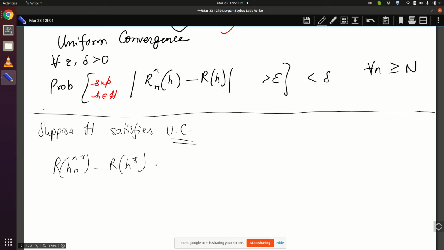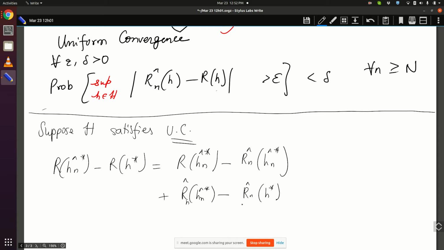What I will do is control it by adding a few things: R of Hn hat star minus Rn hat of Hn hat star, plus Rn hat of Hn hat star minus Rn hat of H star, plus Rn hat of H star minus R of H star.